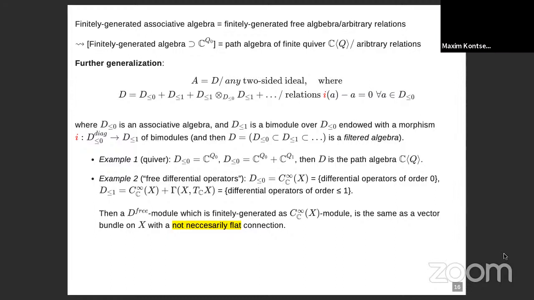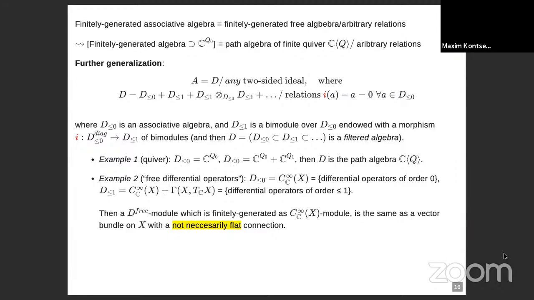If you consider modules over this thing which are free as modules over the algebra of functions, finitely generated, it will be the same as a vector bundle, because a finitely generated projective module is a vector bundle, not necessarily with flat connection. When you're interested in flat connection, go to the quotient and you get the usual differential operators. So there's an analogy between the path algebra of a quiver and these free differential operators. One can also apply this to difference equations. It will be the same formalism.